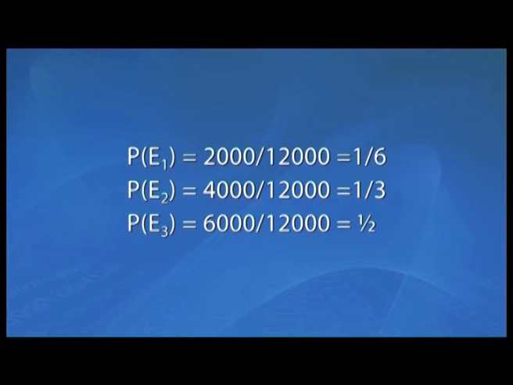Altogether, we have 2,000 + 4,000 + 6,000 = 12,000 insured persons. Hence, P(E1) = 2,000/12,000 = 1/6, P(E2) = 4,000/12,000 = 1/3, and P(E3) = 6,000/12,000 = 1/2.